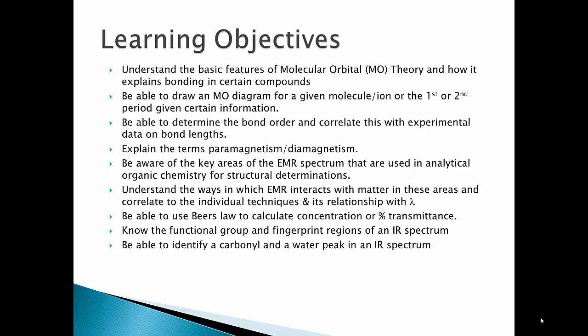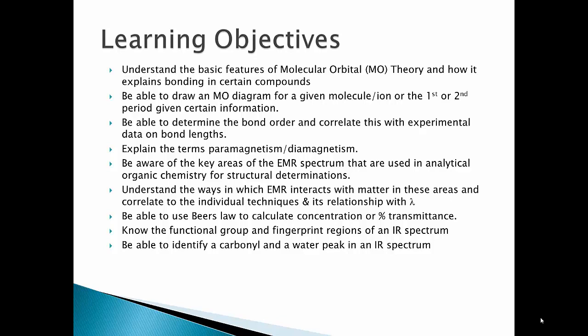So be aware of the key areas of the EMR spectrum and which key areas are used for analysis of organic chemistry, so the structural determination. We also want you to understand how the EMR interacts with matter in these areas, so be able to correlate the technique to the relationship with the wavelength.